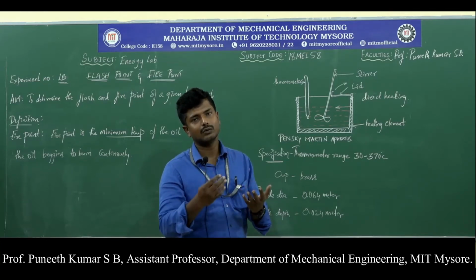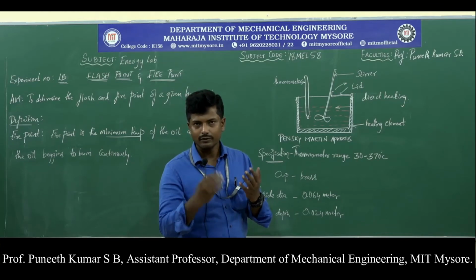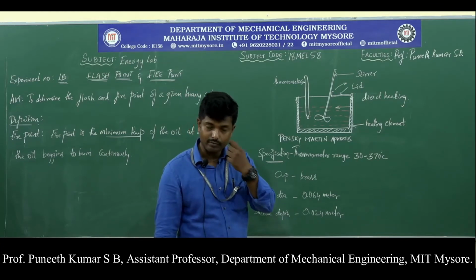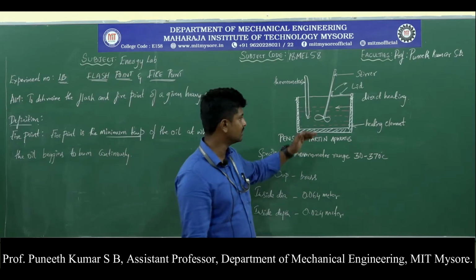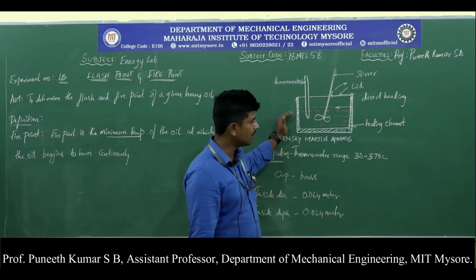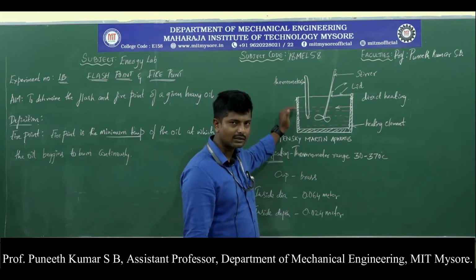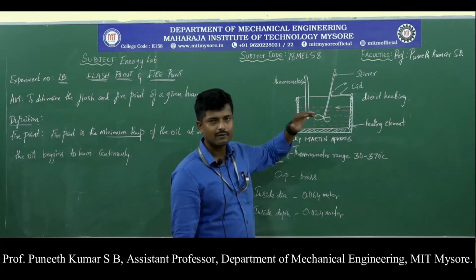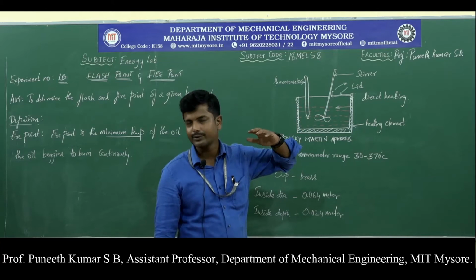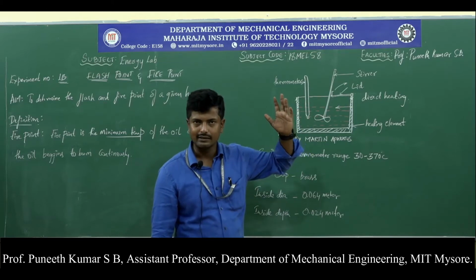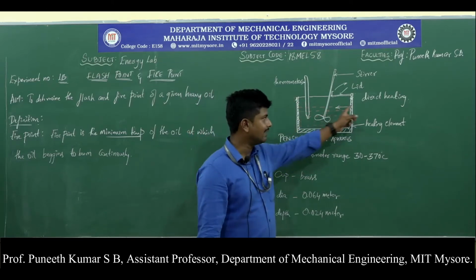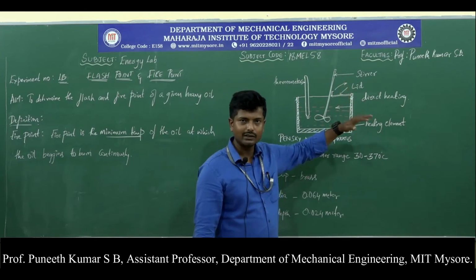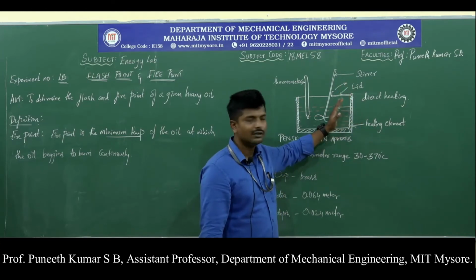So we had a water bath to provide uniform heating of the oil. Whereas here we cannot use the water bath. The reason is here the temperatures of the flash and fire point go way beyond 100 degree centigrade. So here it is a direct heating type where the coil will be directly heating the oil.